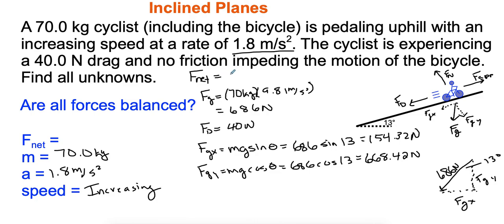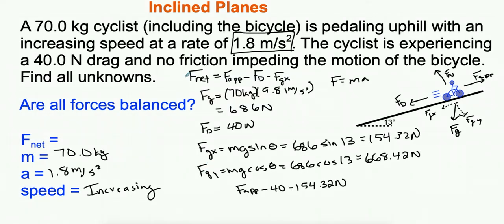So the forces we have going left and right, we have that applied force, and then we have drag and the x component of gravity pulling us down. So force of drag, and that would be the FGX. Okay, and that is why I started breaking things down. Looking back again, we really didn't need that, but it's good practice.